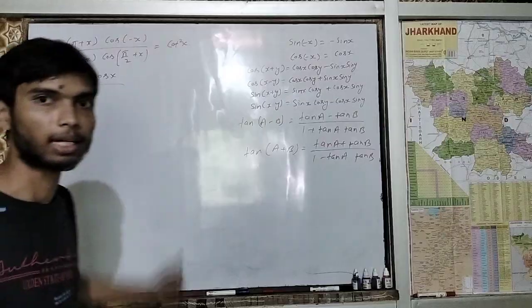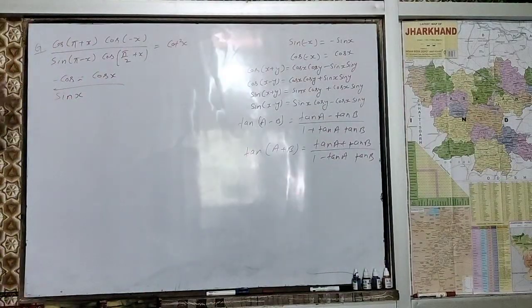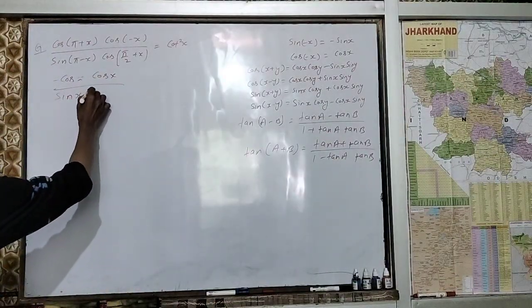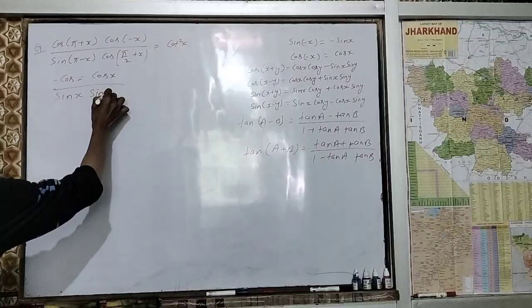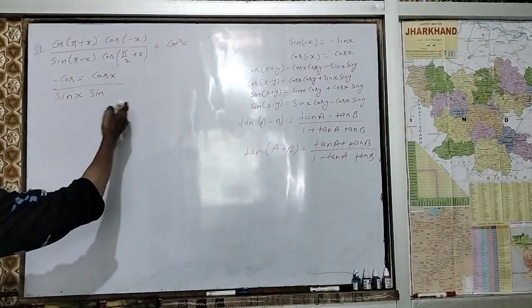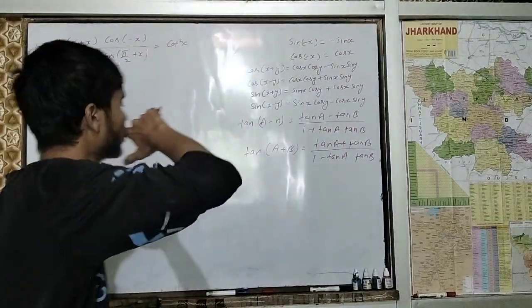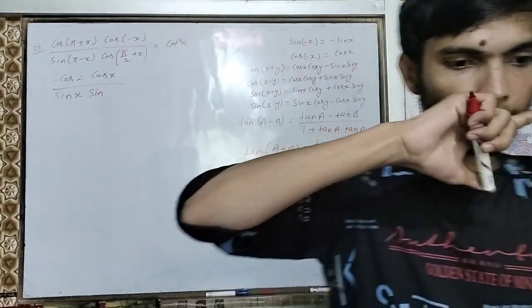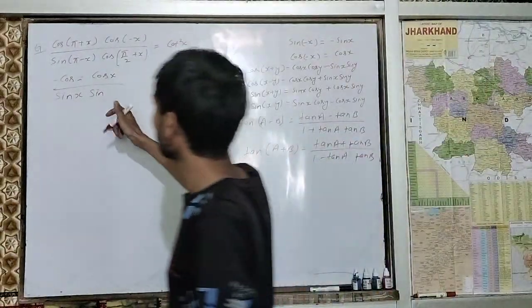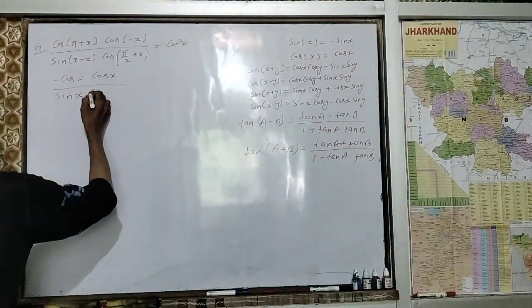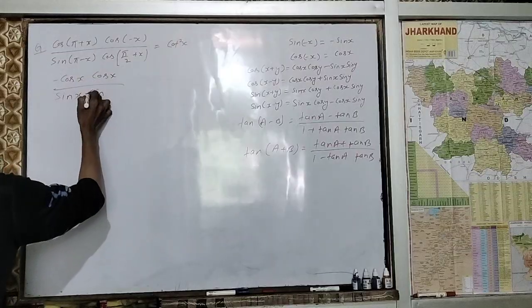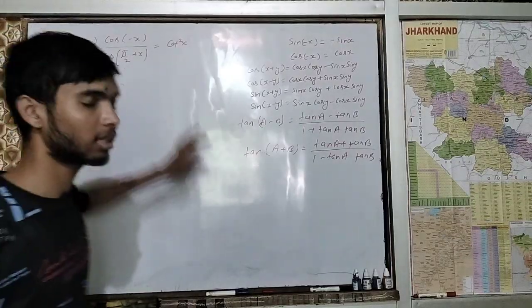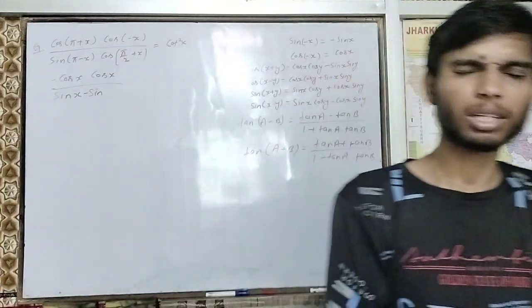Over here it is 90, that's why it can be converted into another. So this will become, I think, yeah. But what about this? It is giving us minus because this cos is going in the second quadrant.